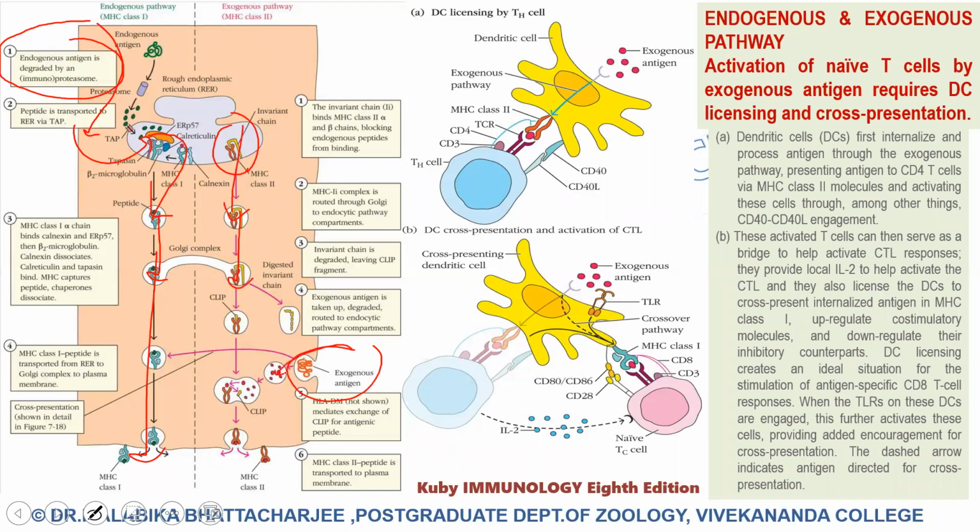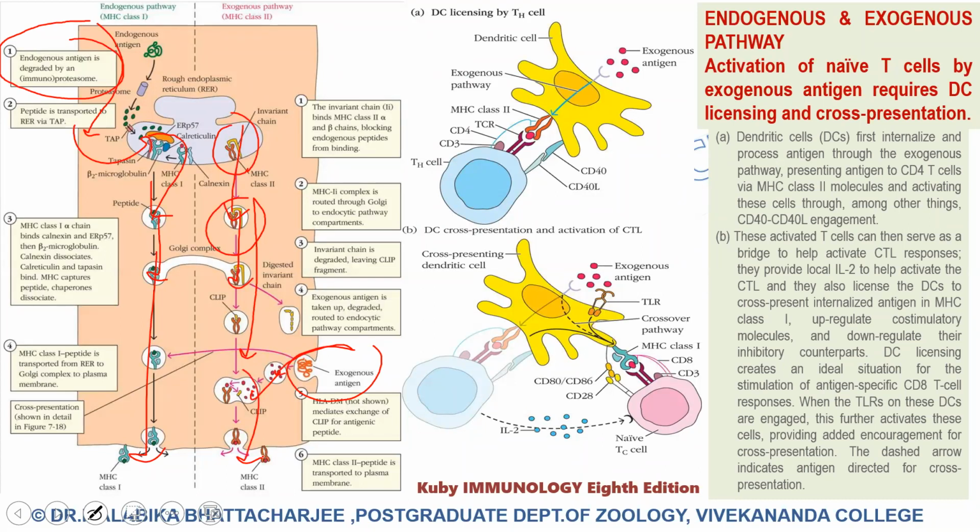The antigens moved from acidic to acidic compartments. During this movement of the MHC class 2 molecule towards these endocytic compartments, the digestion of the invariant chain occurs. Only a small fragment remains bound to the peptide binding groove, that is the clip. Fusion of this MHC class 2 containing the clip and the endocytic compartment occurs, and a non-classical HLA-DM, which is not shown here, molecule exchanges the clip for antigenic peptide, and MHC class 2 presentation is taking place.